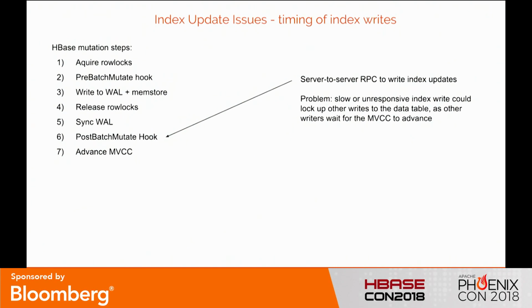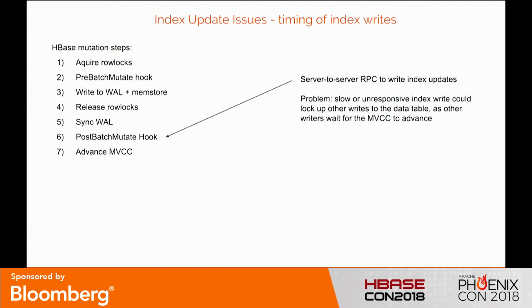But basically all you need to know is that in order to complete your write, you need to wait for all previous writers to advance the MVCC. This is very bad for pretty obvious reasons, right? Because if I'm stuck in post-batch mutate, let's say in a long timeout for that server-to-server RPC write, then I'm not advancing my MVCC, which means in HBase all my writers are stuck waiting.